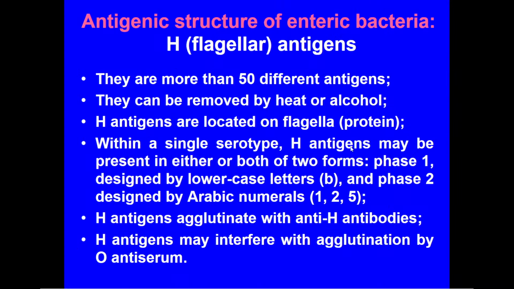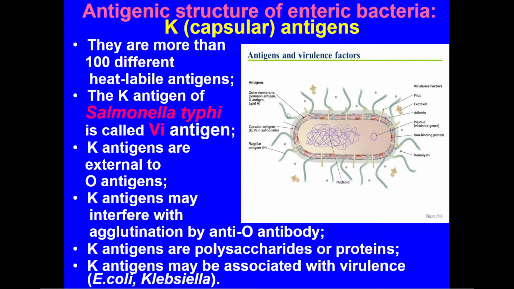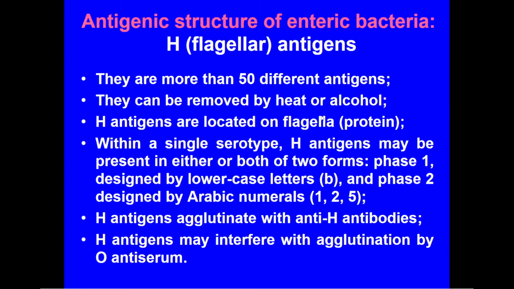Then, bacteria also, take a look. These are flagella, right? And they are made up of flagellin. And of course, flagellin, that is a protein, is also immunogenic. So we call it H, the flagellar antigen. And usually we have more than 50 different H antigens in Enterobacteriaceae.